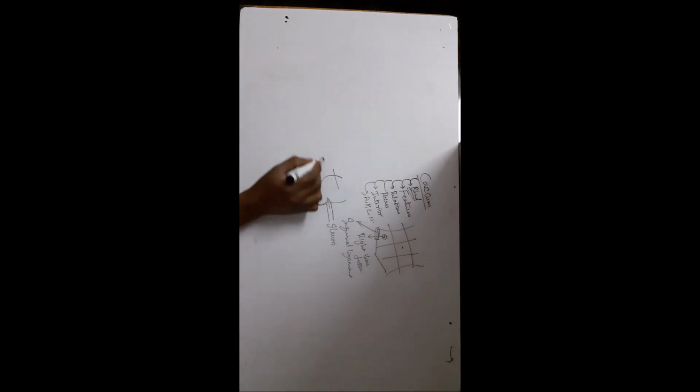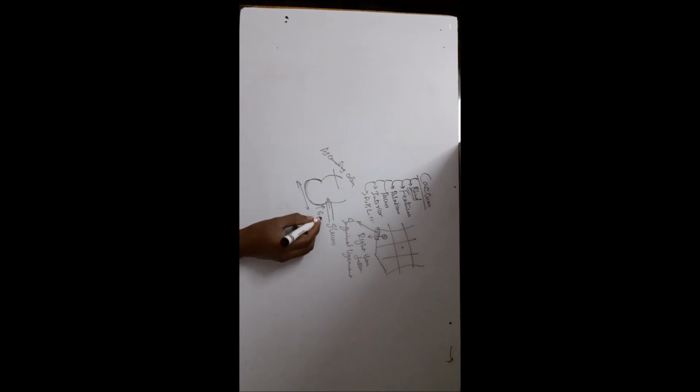This is ascending colon. What are the features of this? The height of the cecum is 6 centimeters and the width is 7.5 cm. So this is one of the organs in the body where the height is less than the width, or you can say width is greater than the height.